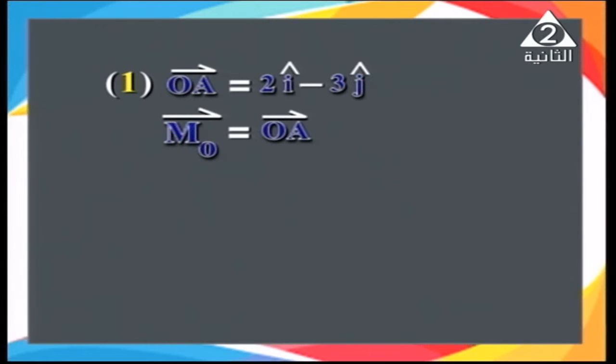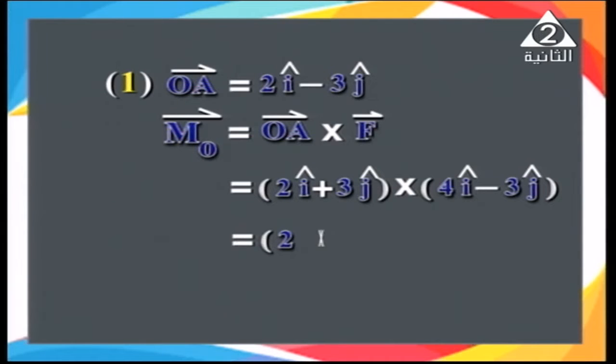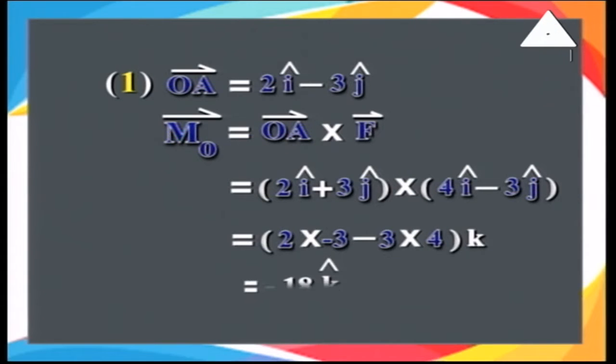Moment about O equals OA cross F. What is the coordinate of point A? 2I plus 3J cross 4I minus 3J: 2 times -3 minus 3 times 4. Then the answer is -18K. This is the vector of the moment about the origin point.